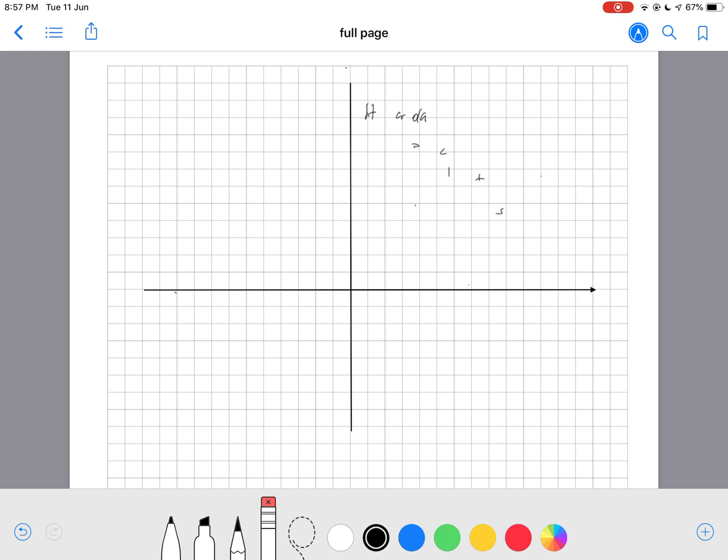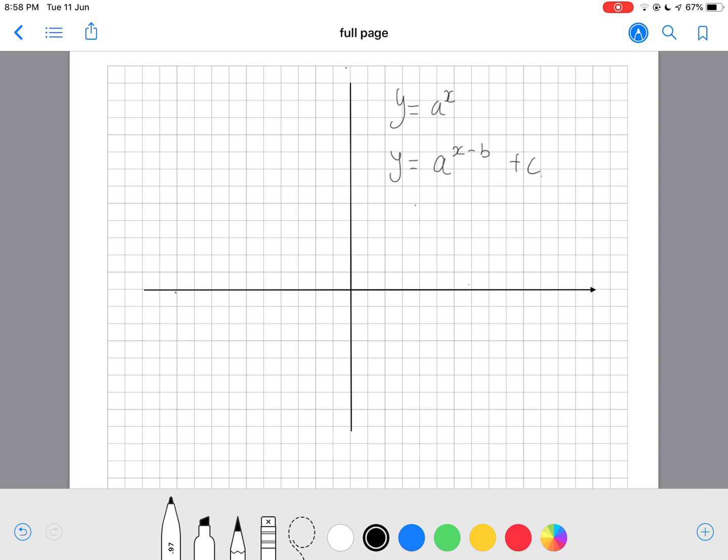Alright, so we have our exponential graph. The basic equation of our exponential is y equals a to the power of x. Our shifted exponential will be y equals a to the power of x minus b plus c.